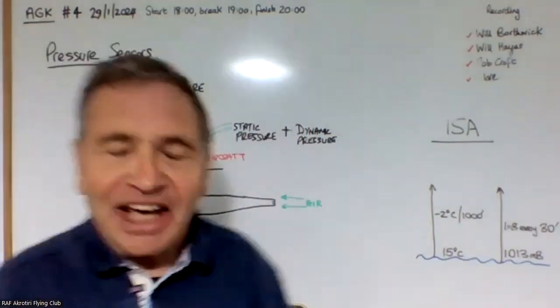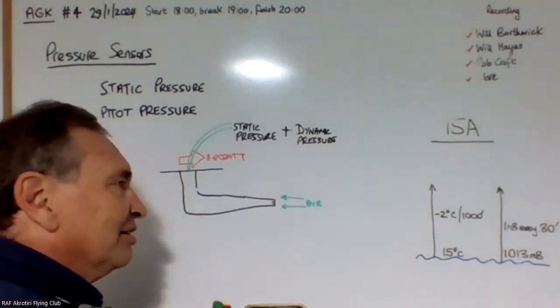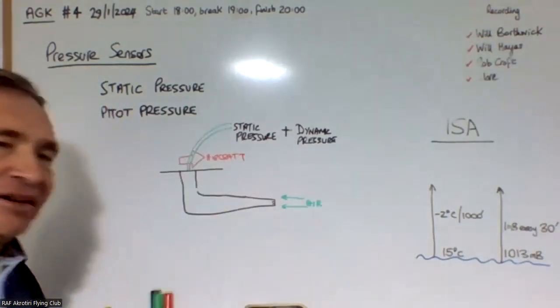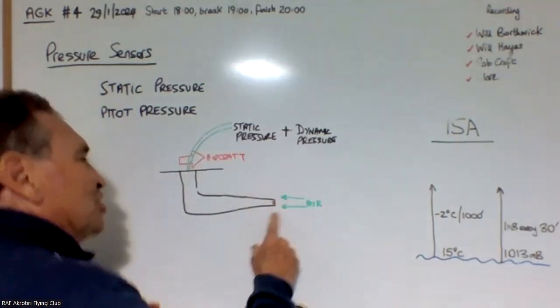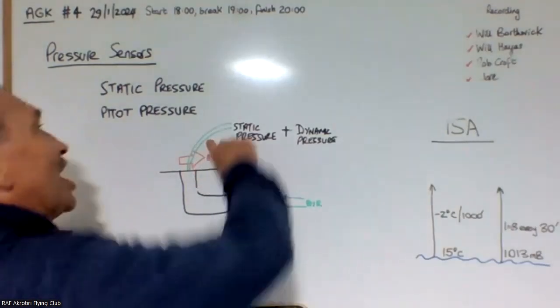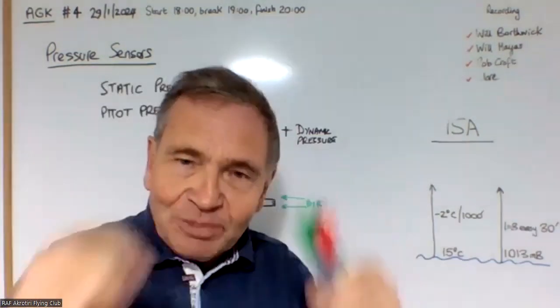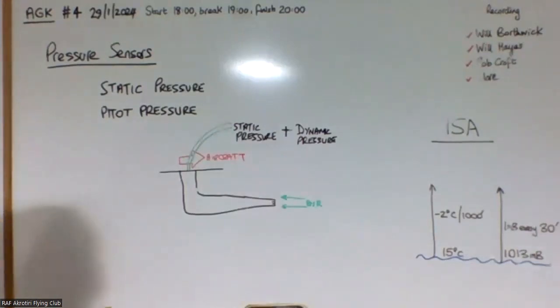Yeah. So be very careful if this question comes up in the exam, because you can imagine what people think is they say, well, hang about, the plane's not moving, the pressure in this tube's going to be zero. And no. If the plane's not moving, this tube is just showing static pressure. In other words, the pressure in this tube is going to be the same as the pressure in the tube that's connected to the static ports, isn't it?